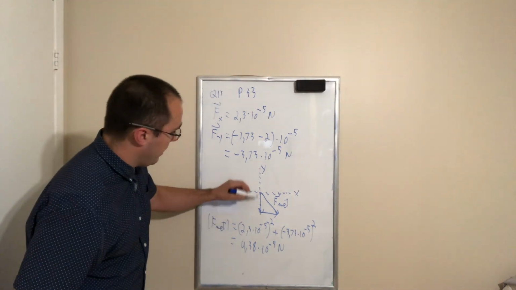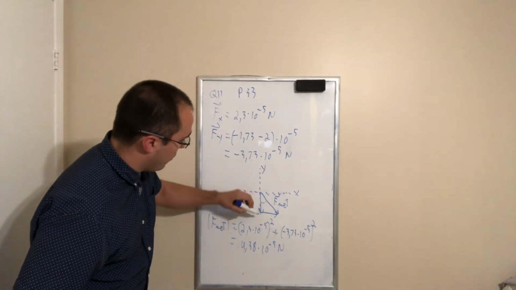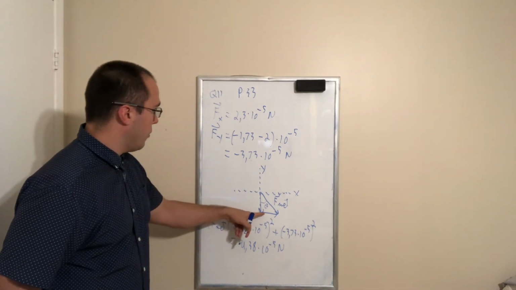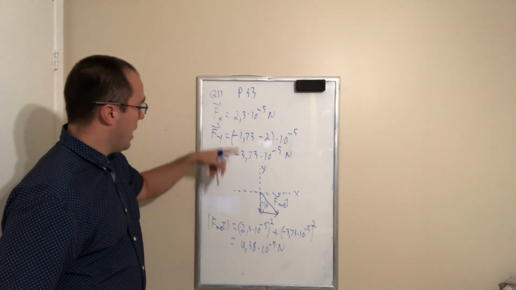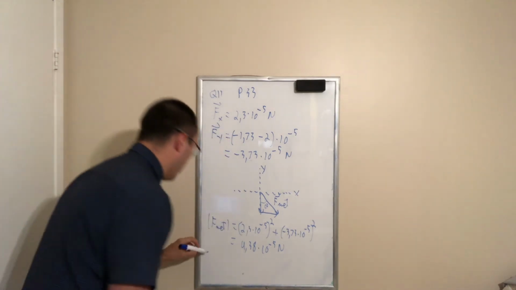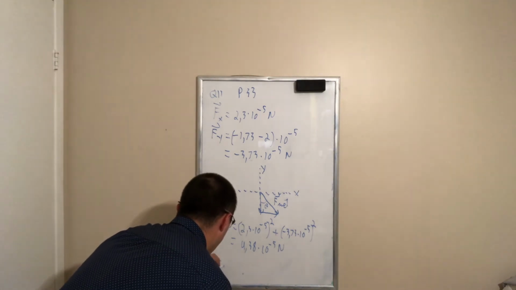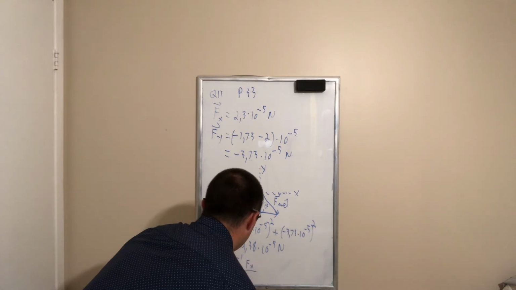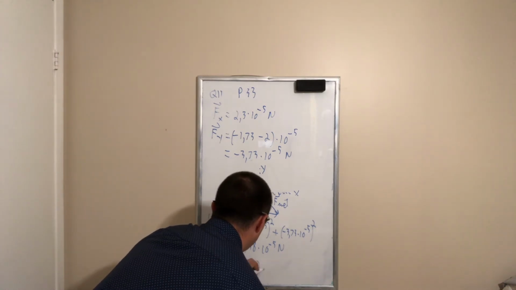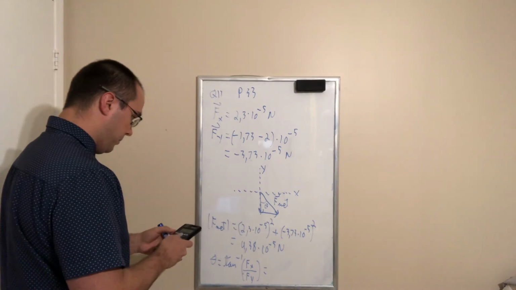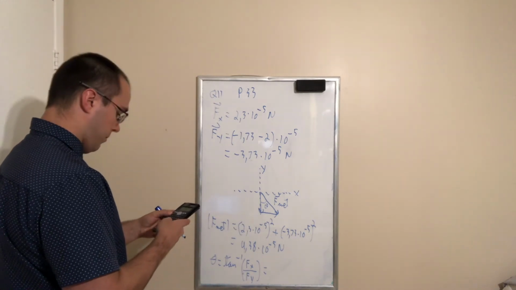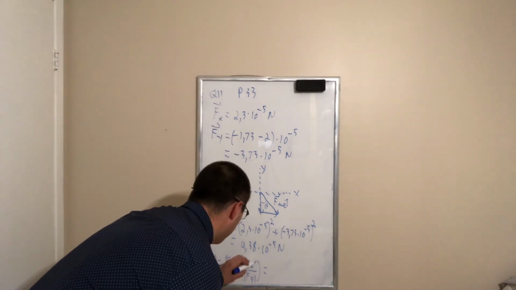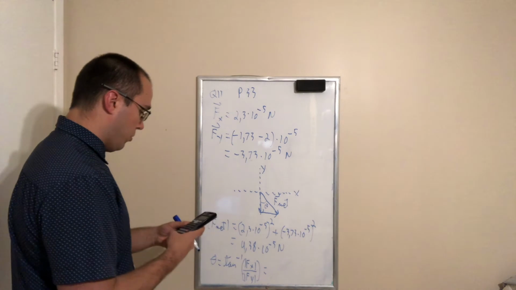Now, I'm going to find the angle over here to indicate the direction. And basically, this side over here is our x component. This side over here is our y component. So the angle can be found using the inverse tangent of fx divided by fy, and again, by the way, I'm using the absolute value in this case.